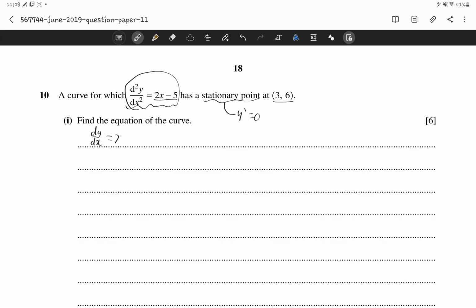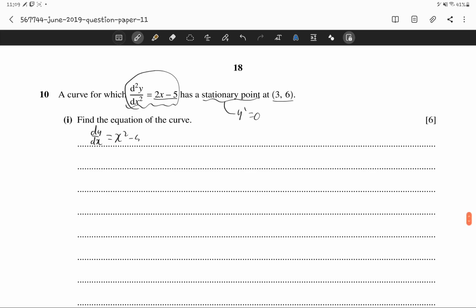So dy/dx equals x squared minus 5x plus c, where c is a constant. And if this is true, c is 0. Then y is 1/3 times x cubed minus 5/2 times x squared plus another c, that's a constant.